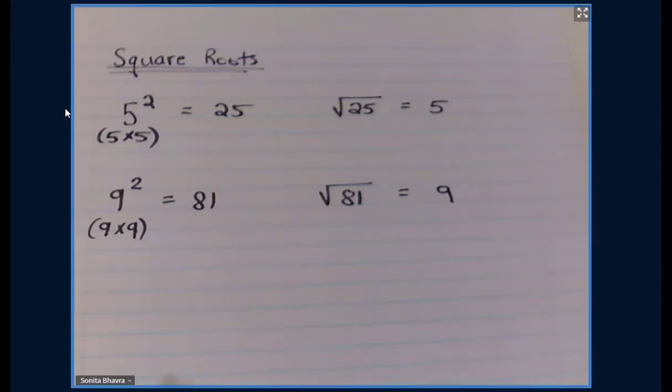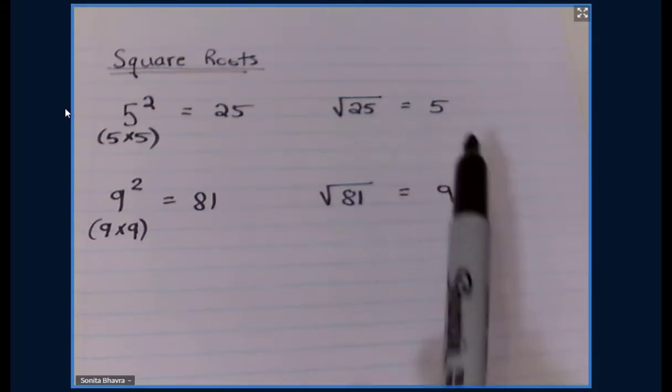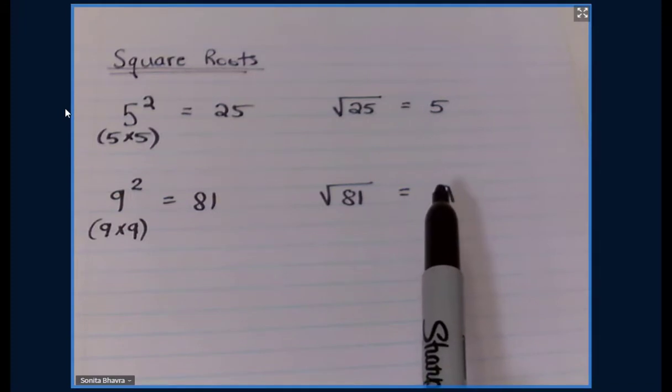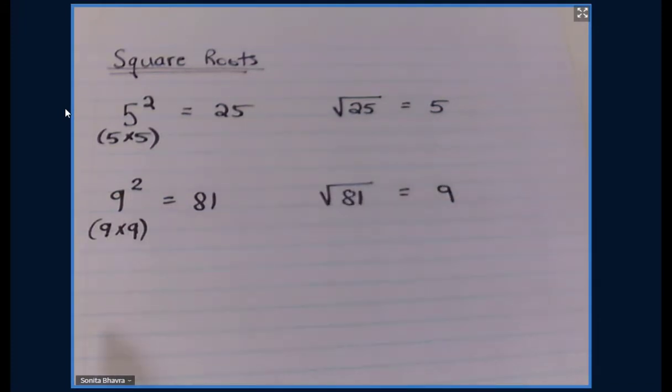All right, now some numbers will have exact square roots, like 5 and 9, like we just saw, but some numbers we can only get the approximate value for their square roots. And sometimes these numbers will be non-terminating, non-repeating decimals, and we call those numbers irrational numbers.